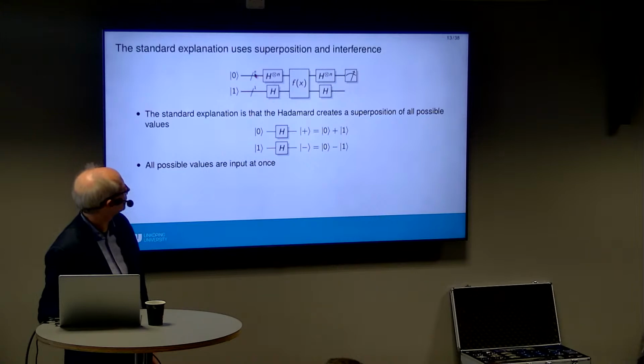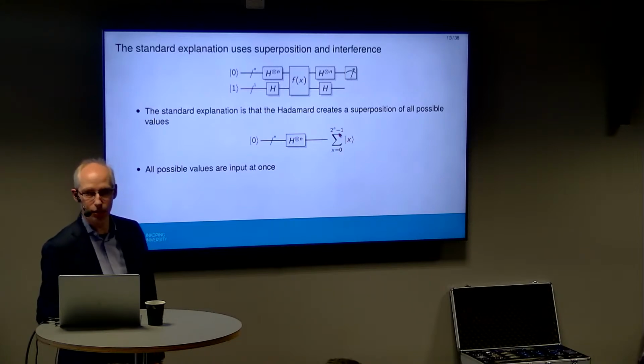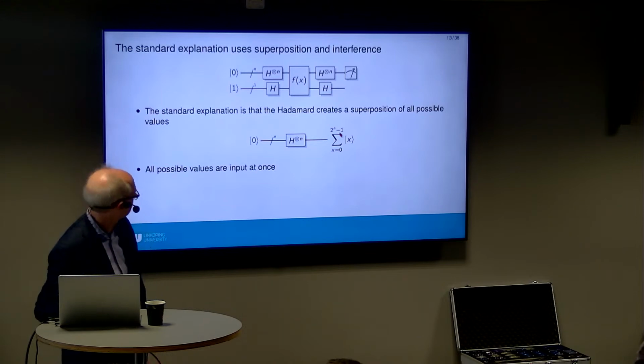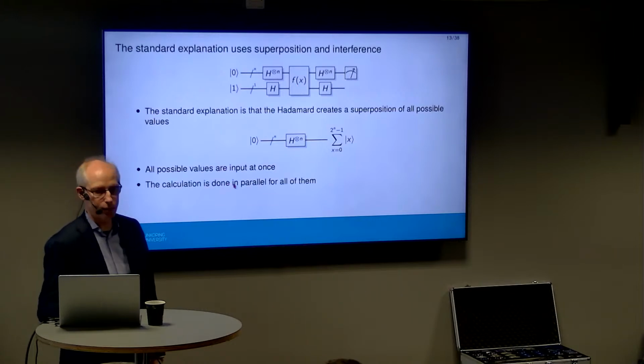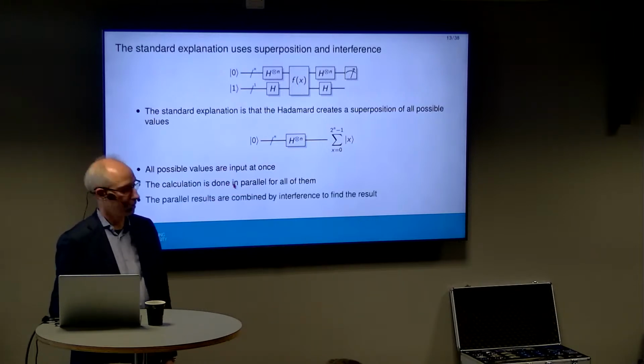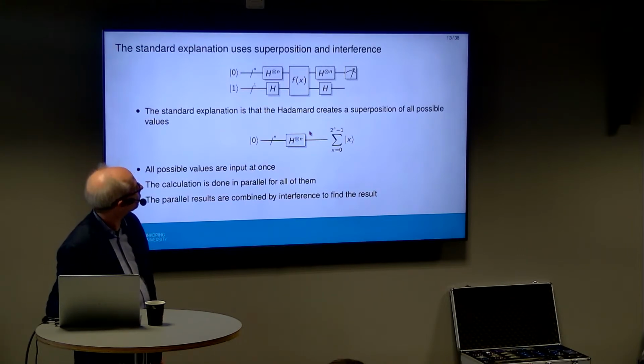And you can see I'm writing n here for n bits. So there will be a sum over all the possible values on the input, from 0 to as many bits as I have, all the values. All possible values are input at once to the function. The calculation is done in parallel to all of them. And then somehow the parallel results are combined by interference. That's the effect we use here to find the result.